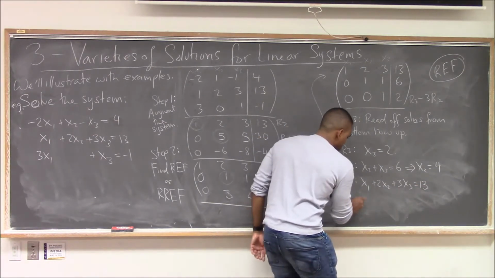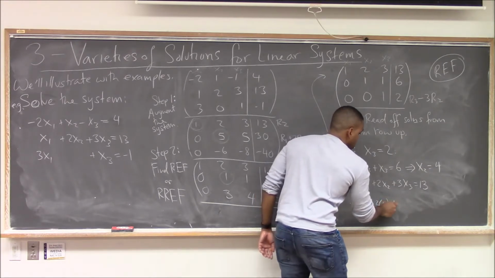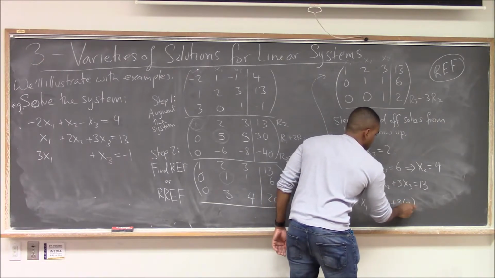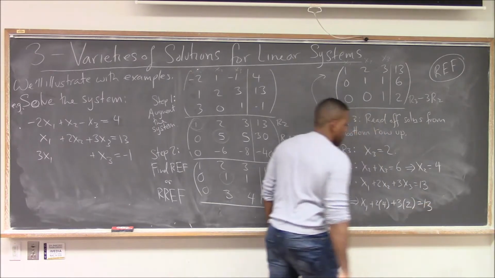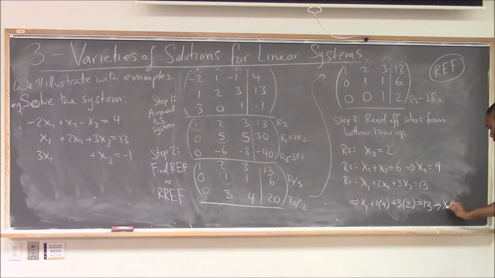So this means that my x1 plus 2 times x2 plus 3 times x3 equals 13. And so this means that my x1 would be equal to what? So my x3 is 2, x2 is 4, x1 is negative 1.